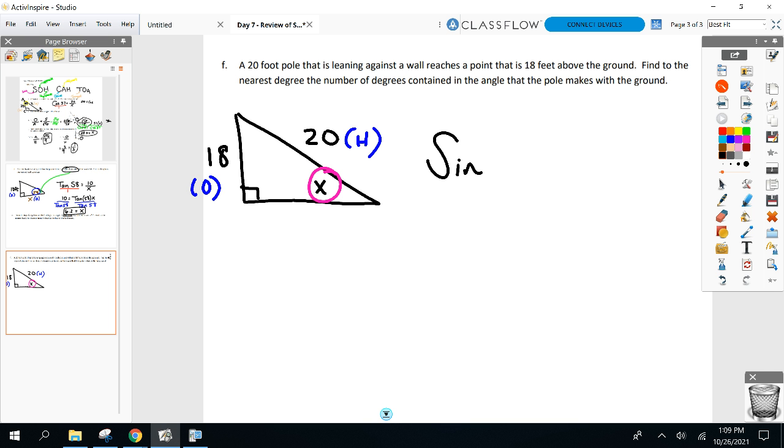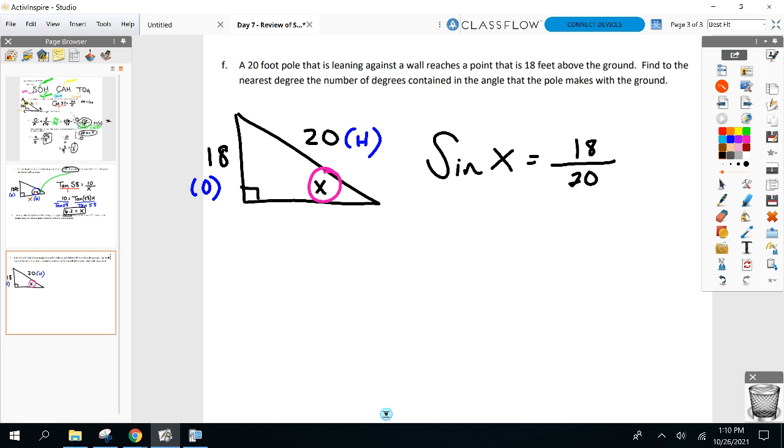What's my angle? That's right. I don't know. So I'm going to put x. I'm going to find it. Equals opposite over hypotenuse. Okay, here's where I'm going to change the rule. When you find an angle, you do not cross multiply. We're not going to be able to. Instead, everyone look on your calculator.